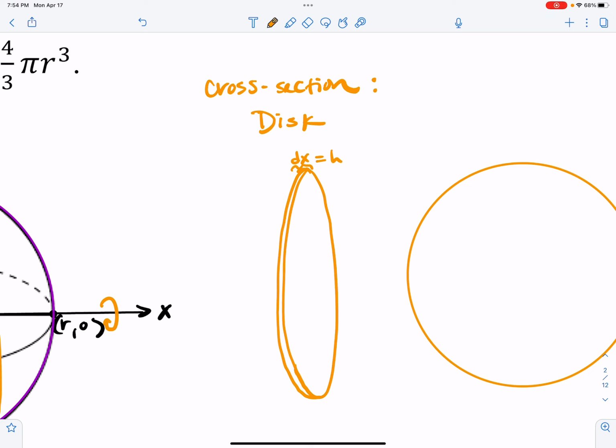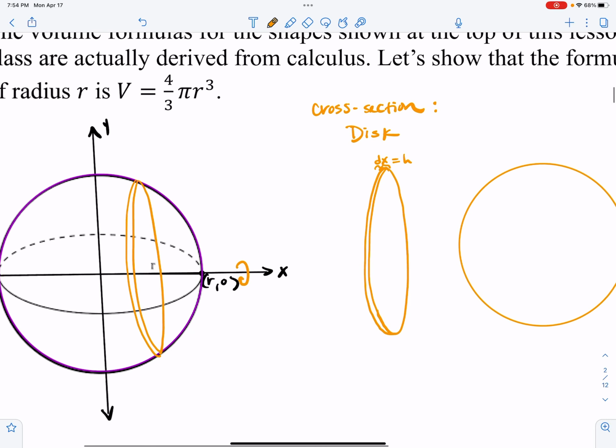And the radius of this disk, well, that's going to vary, right? It's not going to be the radius of the circle that we started with. That's going to be dependent on where we take the slice, right?